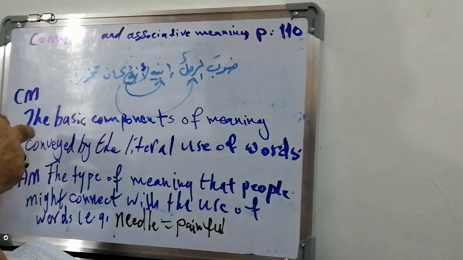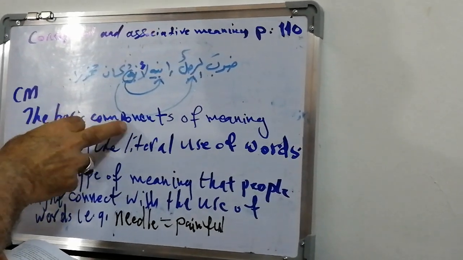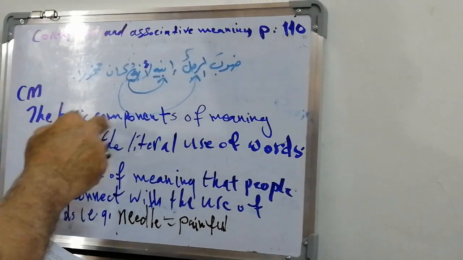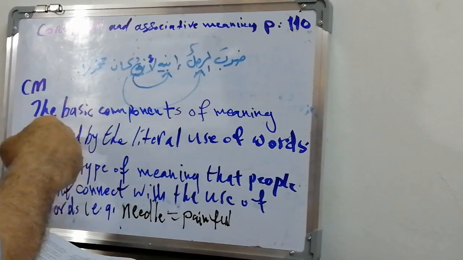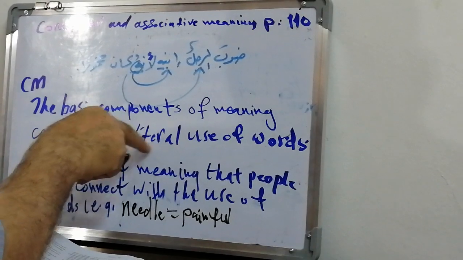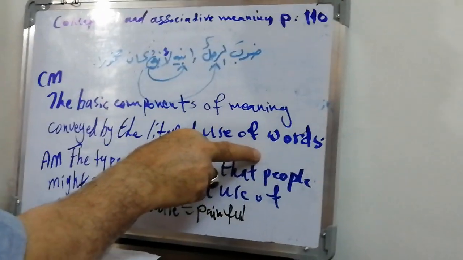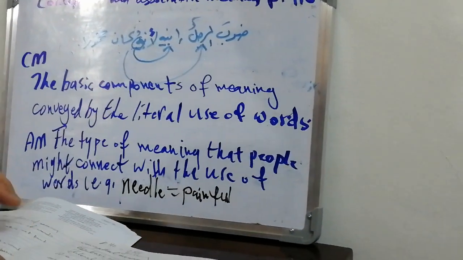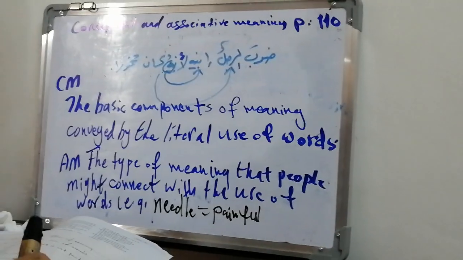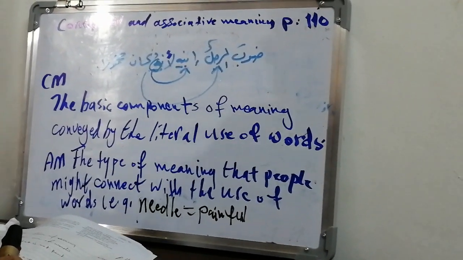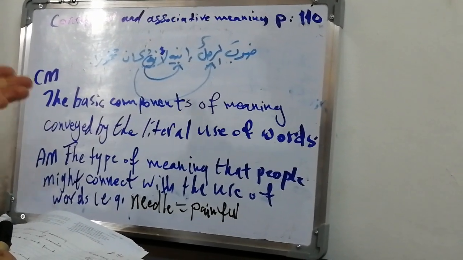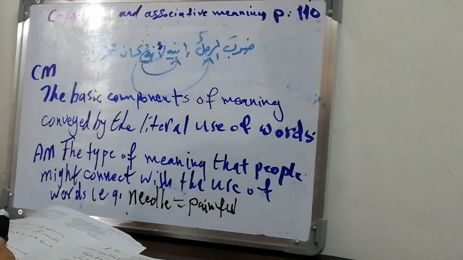The definition of conceptual meaning is the basic components of meaning conveyed by the literal use of words. It seems from this definition that there are basic components of meaning conveyed by the literal use of words.